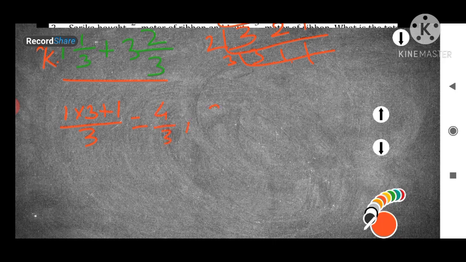Now again 3, 2 upon 3. So how you will convert this? 3 into 3 plus 2 upon 3. Now 3 threes are 9, 9 plus 2 is how much? 11 upon 3. So finally what we got? We got 4 upon 3 plus 11 upon 3.